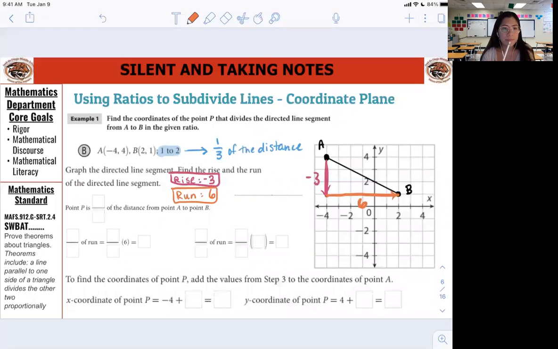Okay, next thing. Point P is, we already kind of did this before, point P is 1/3 of the distance from point A to point B. We know that because the ratio is 1 to 2. So when we turn that into a fraction, it's 1/3. So I'm going to figure out what is 1/3 of the run, so 1/3 of 6.